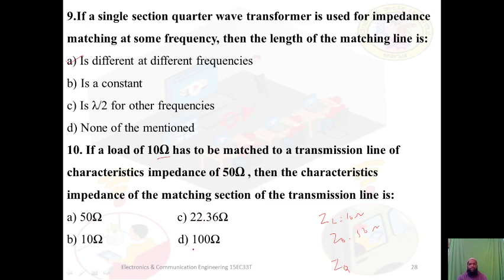So what is the answer? From our discussion, Zq is equal to the square root of ZL into Z0. Substituting, Zq is equal to the square root of 10 times 50 ohm. When we solve this, we get the answer as 22.36 ohm.